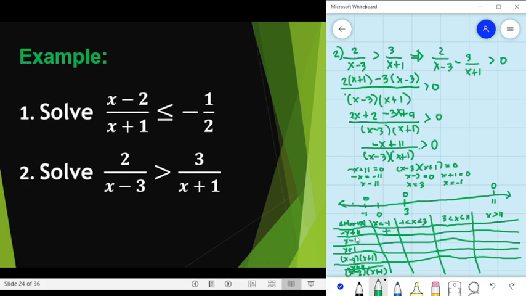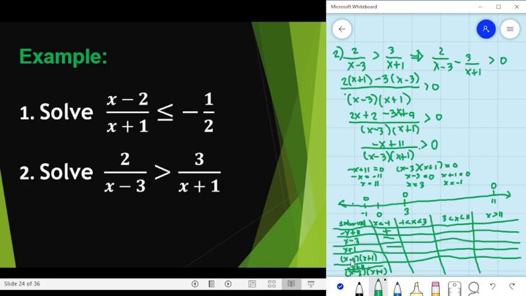Next, negative 2 substituted here: negative 2 minus 3 is negative 5, so it becomes negative. Then negative 2 plus 1 is negative 1, so x plus 1 is negative for all values there.